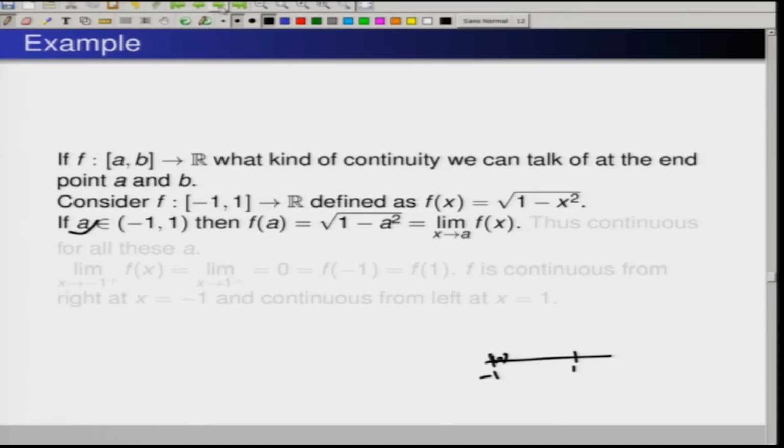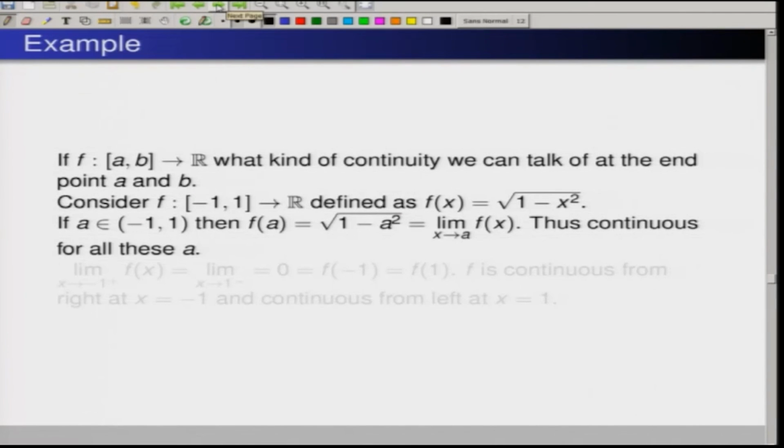Now, at the endpoints, at minus 1 I can only talk of the limit from the right. The limit as x goes to minus 1 from the right of the square root of 1 minus x square is 0, which is equal to f of minus 1.